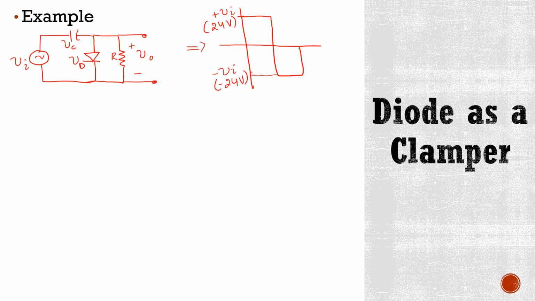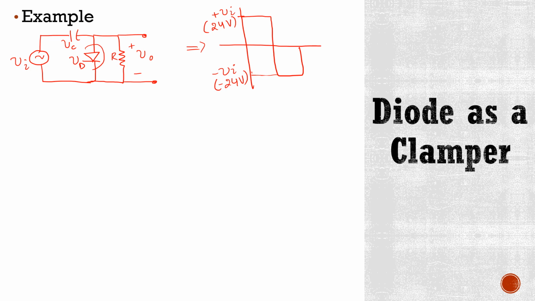So how are you going to analyze this circuit? You start your analysis of clamping networks by considering that part of the input signal that will forward bias the diode. So now look at this diode and analyze during which cycle of input this diode will be on.